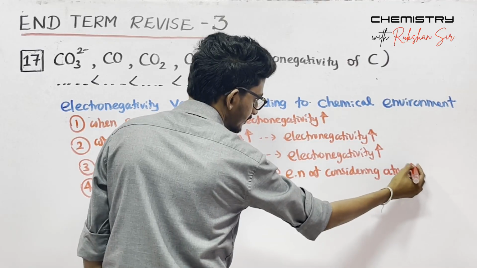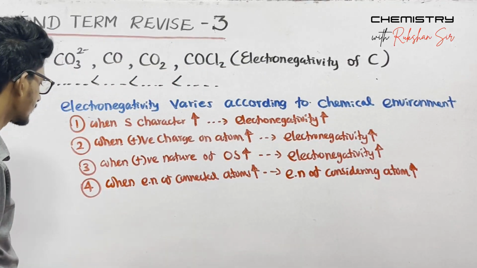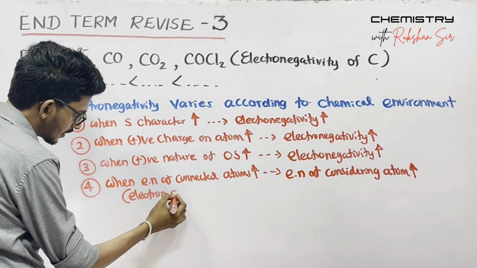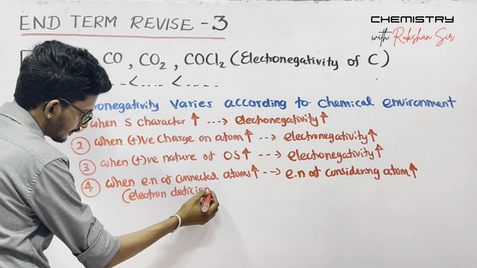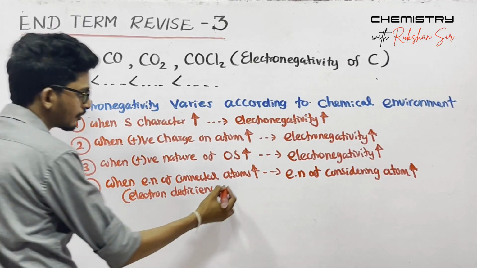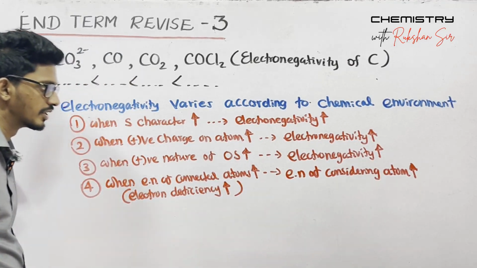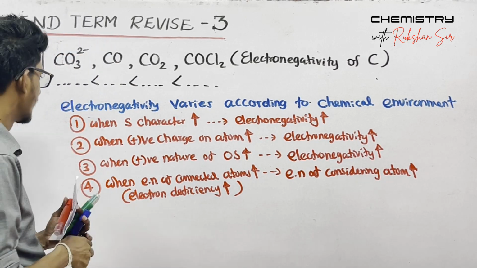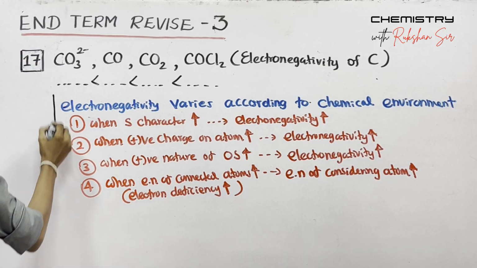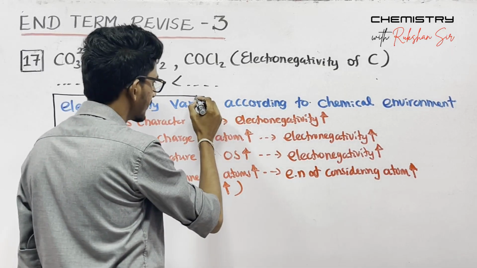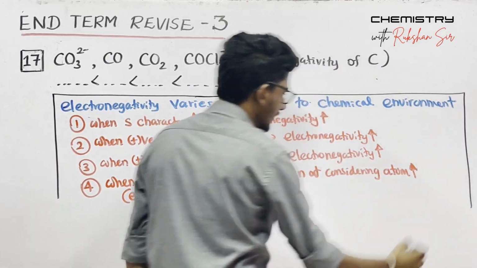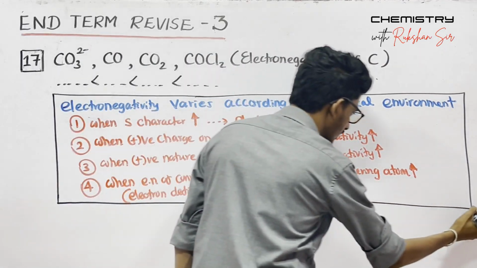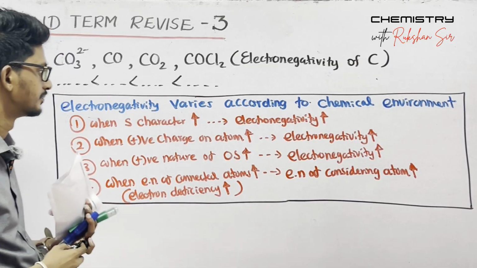This is also known as electron deficiency. If the electron deficiency of your considering atom is high, its electronegativity is high. These are the major four considerations to discuss the variation of affinity of a given atom.